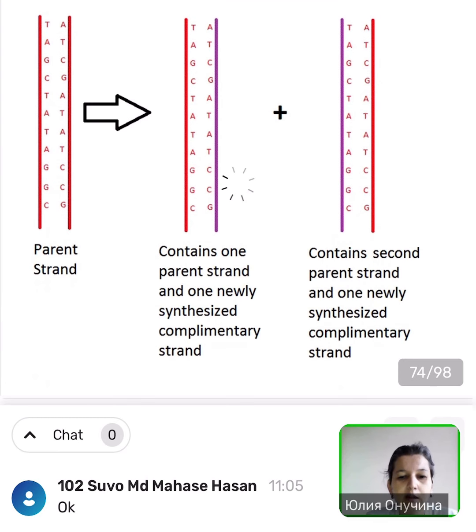Just look like this. Red will be the parent strands. You see after replication, we have two copies of DNA, one of them red, the old parent, and one of them purple, the new daughter strand.